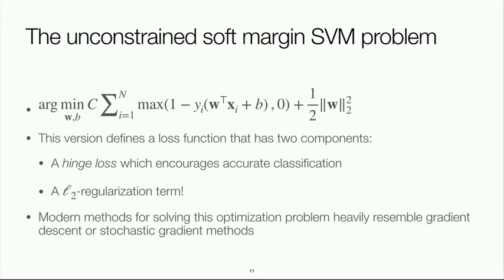They're not exactly the same, because they technically use subgradient methods for not purely differentiable functions, but the ideas are extremely similar. That's how people usually solve SVM problems these days, with gradient-type methods on the unconstrained problem, which is great because we couldn't do that for the constrained problem.